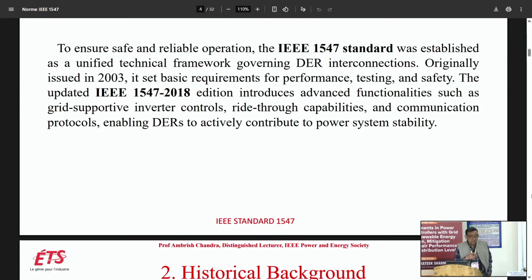So it introduced advanced functionality in 2018, which were not there before. For grid supportive inverter controls, this is what we were asking them 18 years ago, because we said that PV and wind should support the grid, not disconnect. Ride-through capabilities, okay, and communication protocols enable DERs to activate and contribute. So now this is done in 2018.